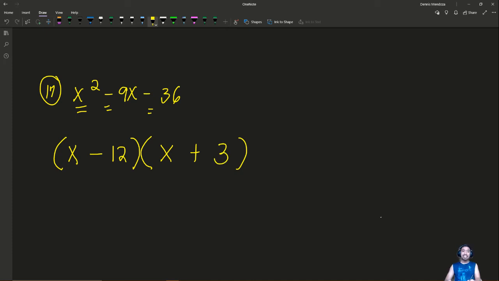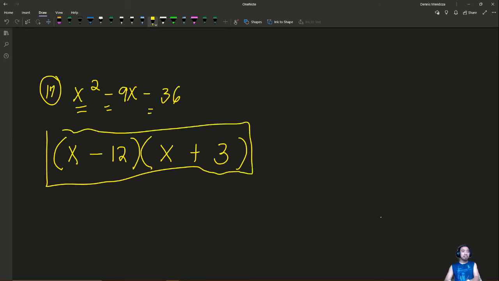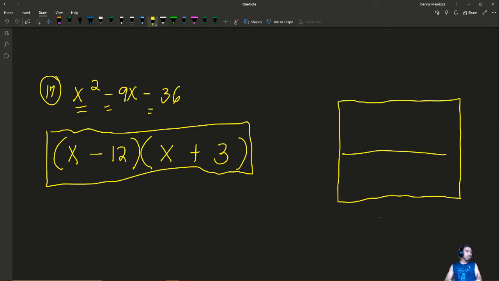I think that's correct. So this is the factor, but for the sake of checking, let's use again the box method. Okay, we have x minus 12, x plus 3. So this is going to be x squared. That's why this is x squared.